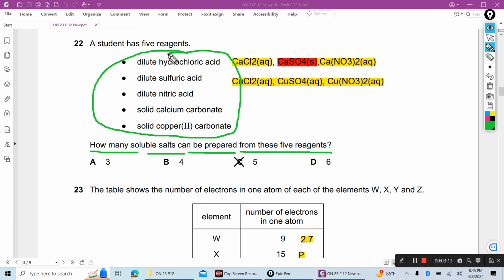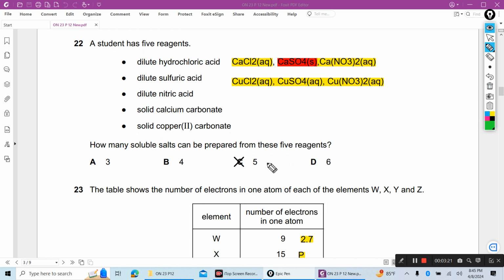This answer is 5. C is the correct answer. 5 soluble salts can be prepared.